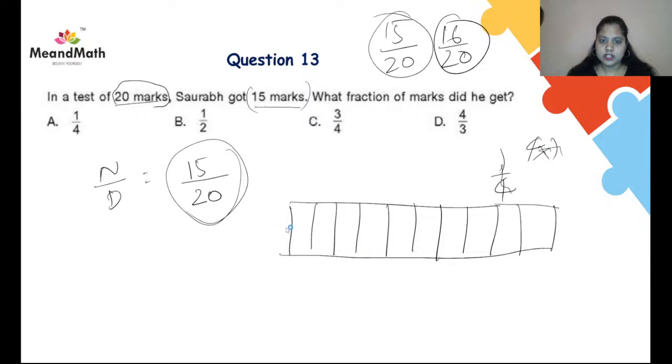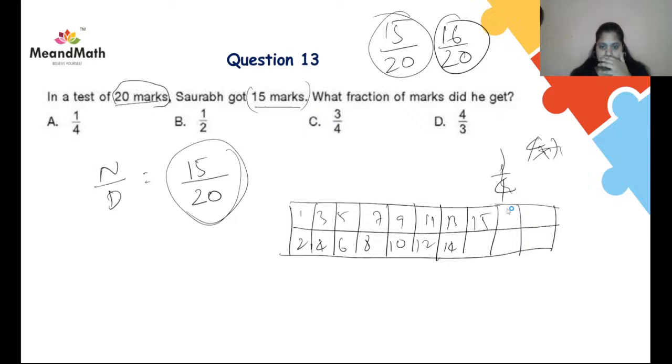So here there are 20 parts. Let us shade 15 parts: 1, 2, 3, 4, 5, 6, 7, 8, 9, 10, 11, 12, 13, 14, 15. So 15 parts are shaded out of 20 parts.